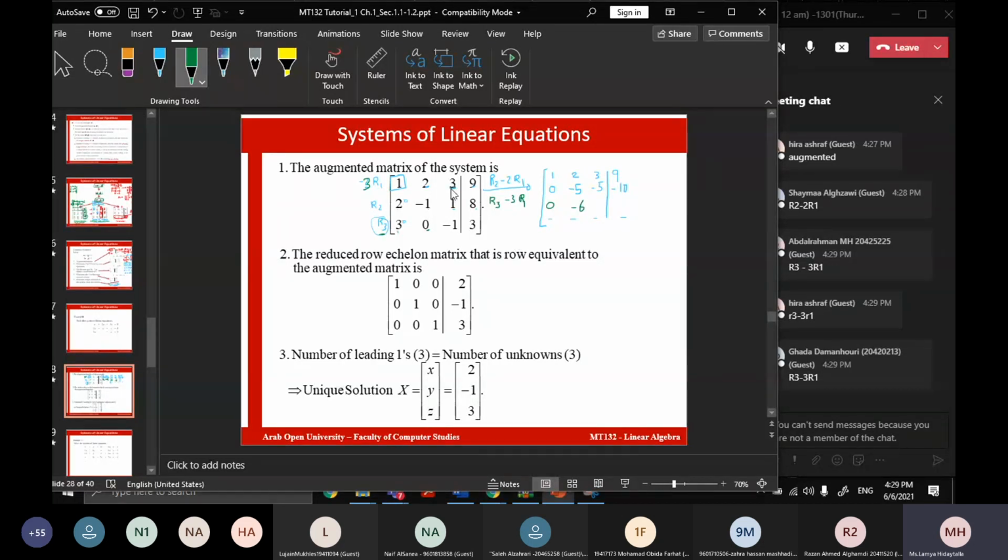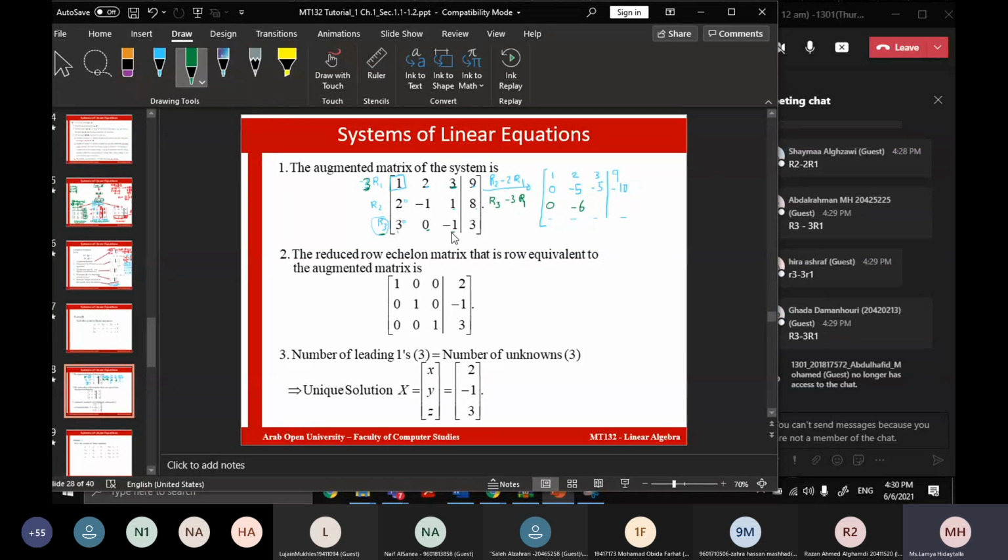And then 3 times minus 3 is minus 9, minus 9 minus 1 is minus 10. Correct? And then the last: minus 3 times 9 is minus 27, minus 27 plus 3 is minus 24. Correct? So this is the leading one and the others are zeros.